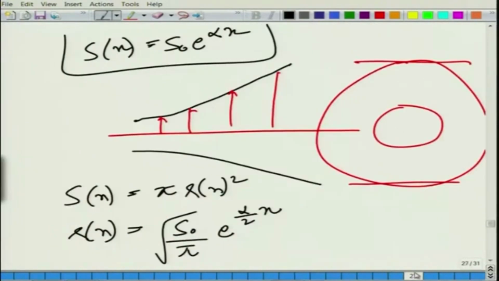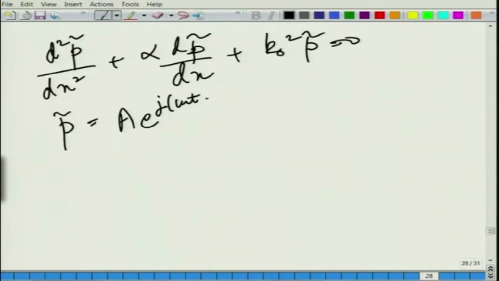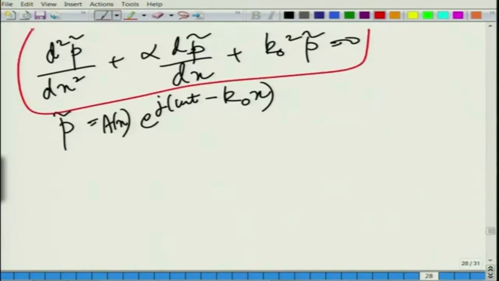So, it was p(x), but now we are assuming it to have this form where A can also be a function of x, and we need to find out A, or the solution of this equation. So, how do we go about doing that? We can assume A as a function of x or possibly some other thing.